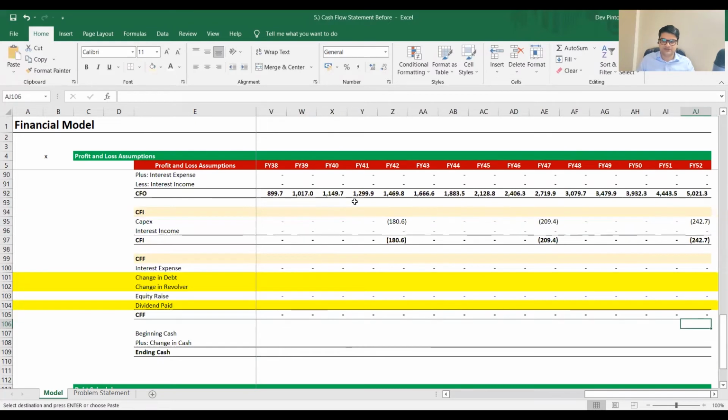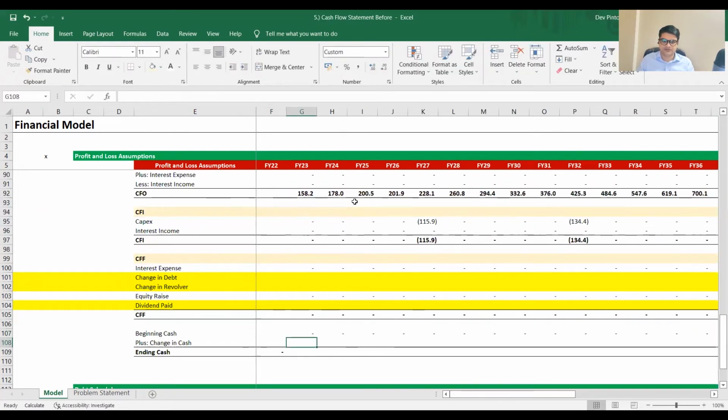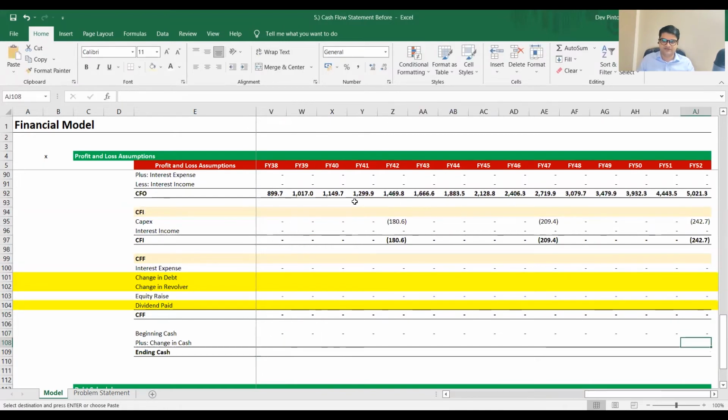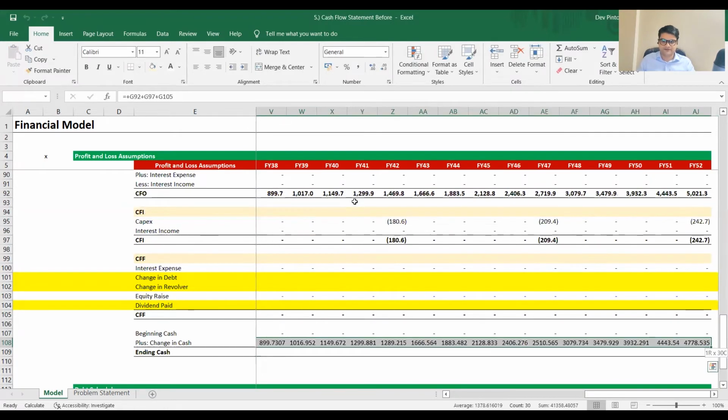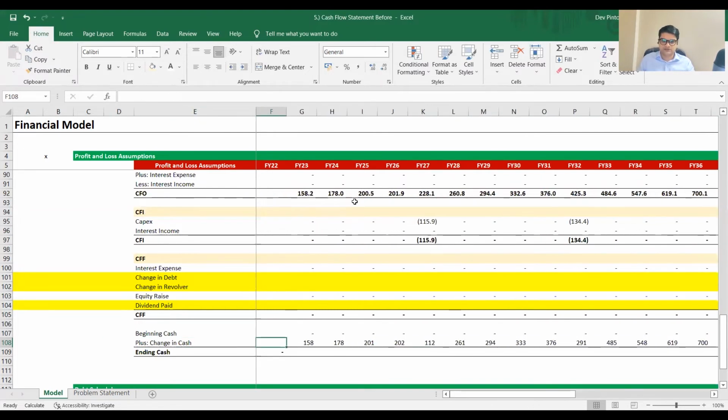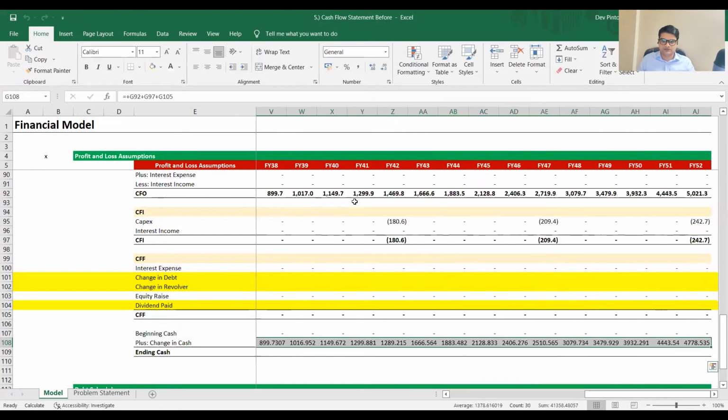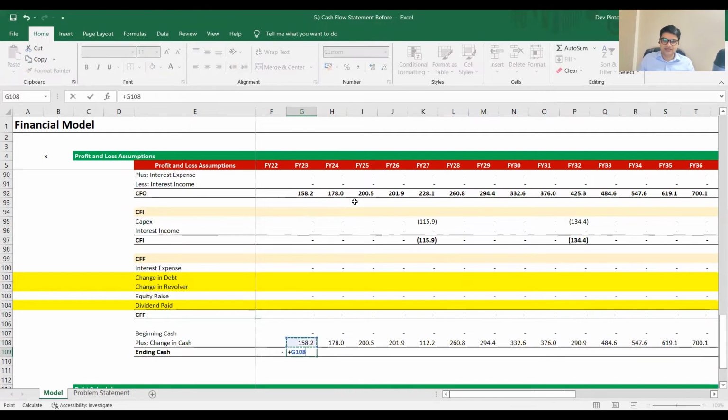Assume this pulled from here, previous amount. Change in cash is going to be nothing but CFO plus CFI plus CFF. Yep. And ending cash will be nothing but A plus B, right?